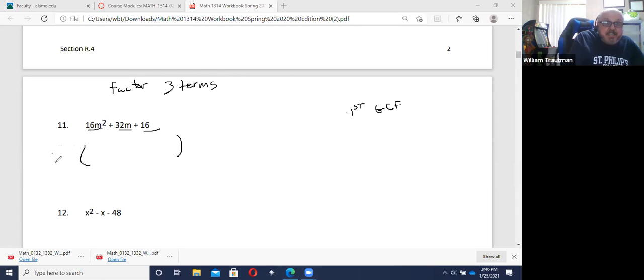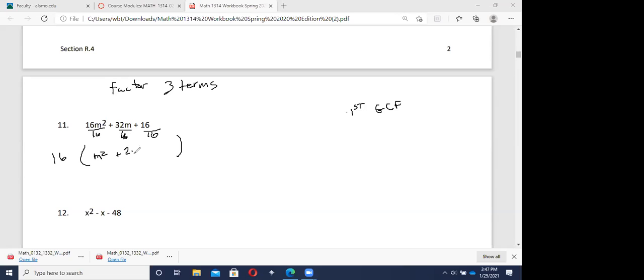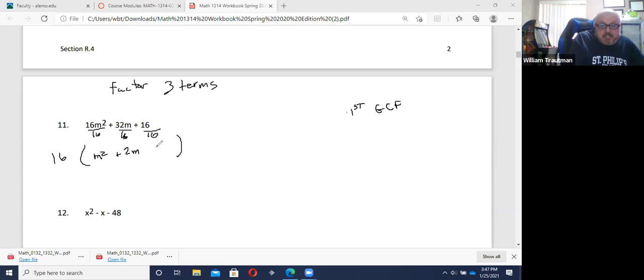So 16 can divide out into each one of these. The lowest power of m is m. So I'm going to divide each by 16. 16 divided by 16 is 1m squared. 32 divided by 16 is a positive 2m. And 16 divided by 16 is 1. So this is what we get when we factor out the GCF.